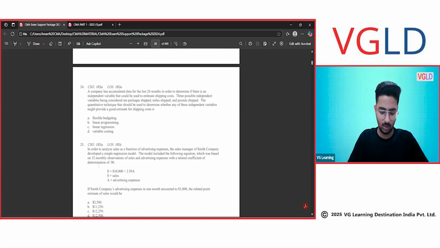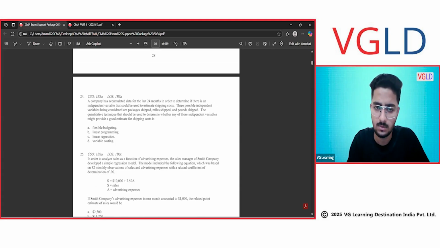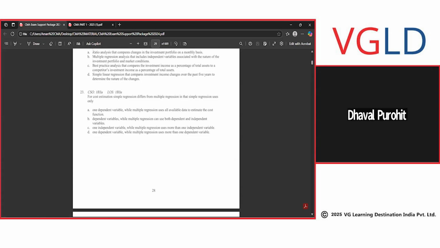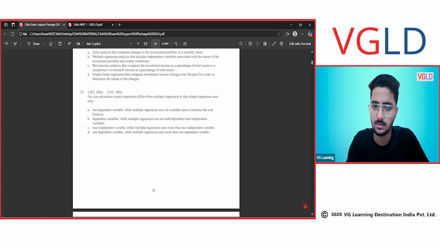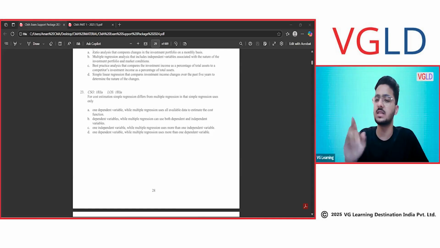Next, 24 number, try to answer this one also. Sir, not able to understand question number 23. What's the difference between the simple regression and multiple regression?